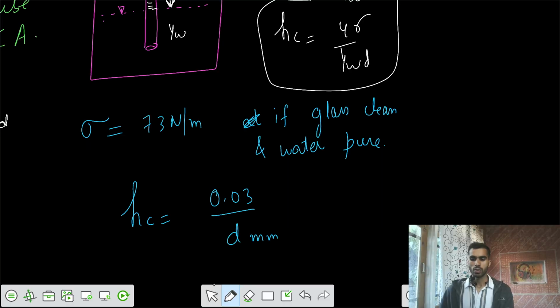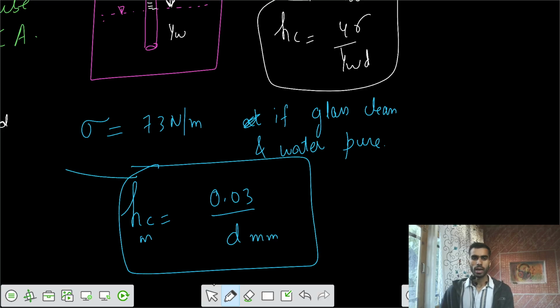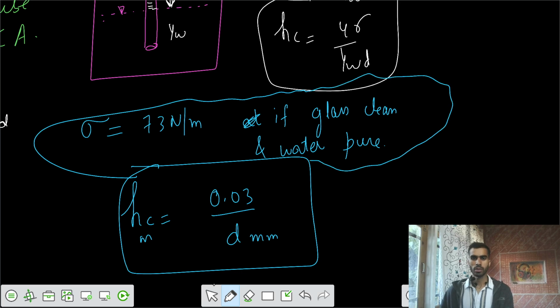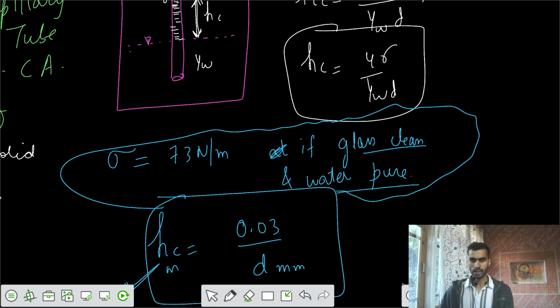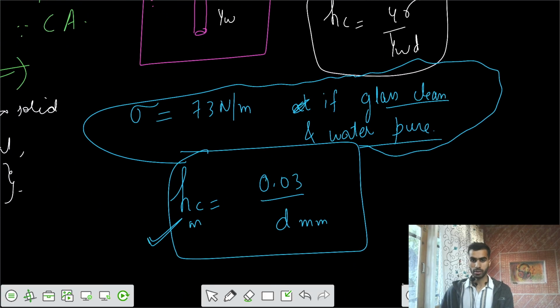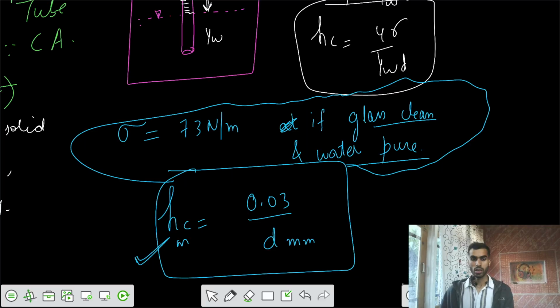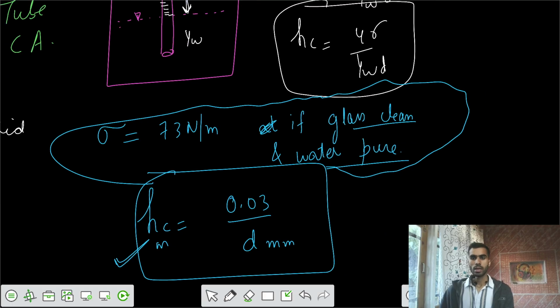Here d is the diameter of the tube in millimeters, and hc is the capillary rise in meters.